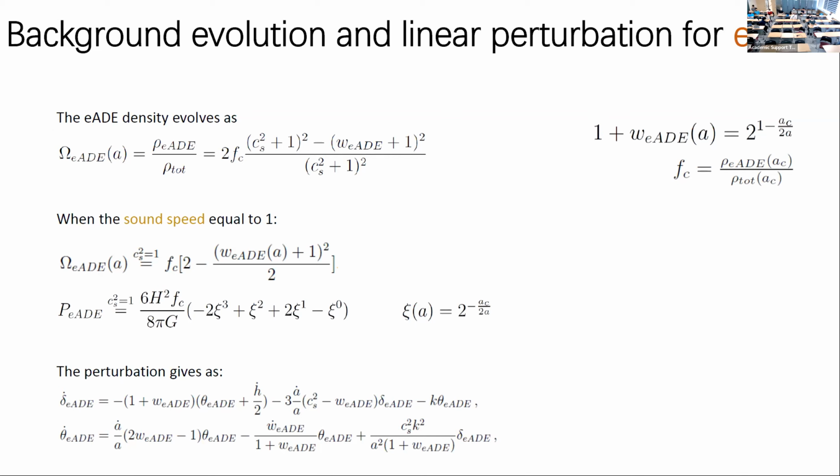So you fix the sound speed squared equal to 1. Why do you do that? Is there any physical motivation? Because it can be anything, right? And if it goes to 0, you have clustering dark energy. It is not possible to be close to 0 because we did the fitting.